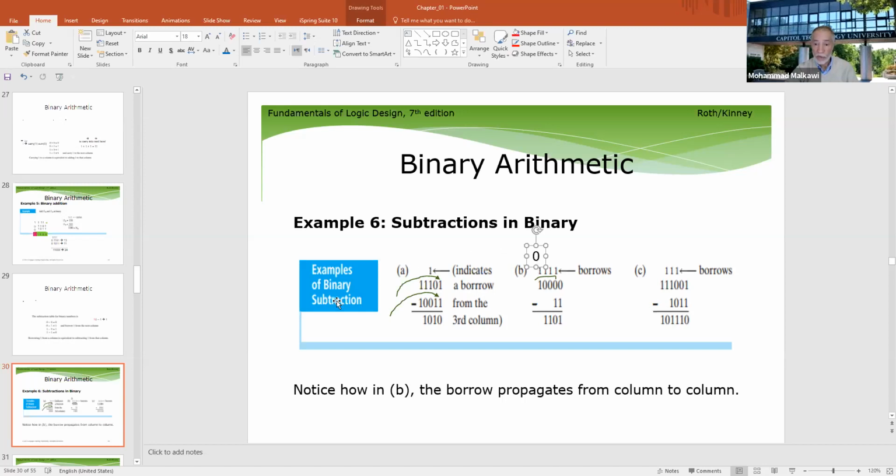Now, later on, we will find that this type of arithmetic is not easy to implement. It's expensive to implement in digital logic. So we need to convert the subtraction into addition.